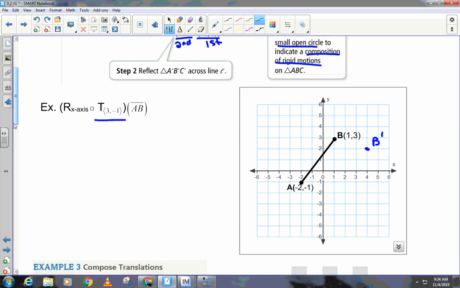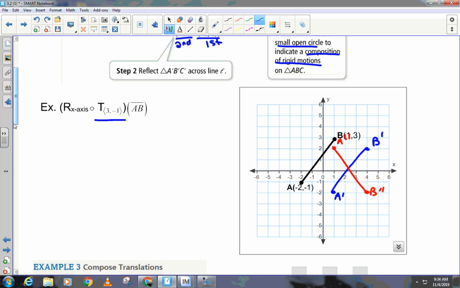And you're going to do the same thing here, to the right 3 and down 1. That's going to be A prime. Then we're going to reflect over the x-axis. So if I'm up 2 above the x, I got to come down 2. That's B double prime. And A is 2 units below, so when you reflect, it becomes 2 units above. And so that is your final image.